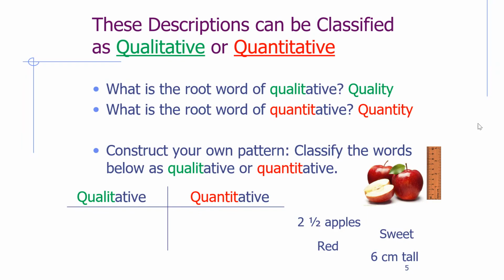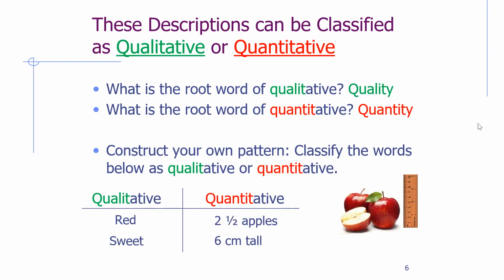So if I classify these words, I might first say that red was a qualitative observation. Sweet was a qualitative observation. Maybe 2.5 apples was quantitative, and 6 centimeters tall was quantitative. Can you tell with the patterns what qualitative and quantitative mean?